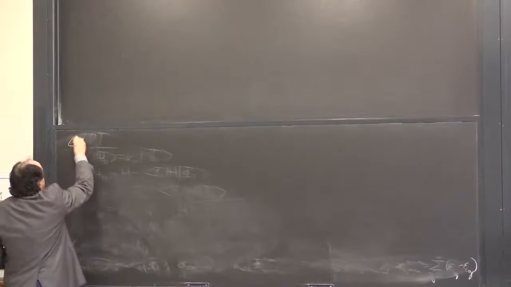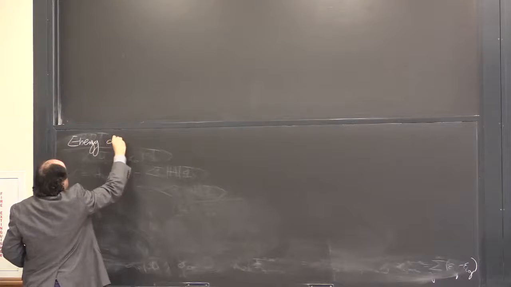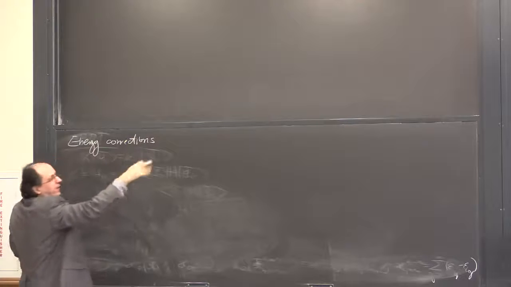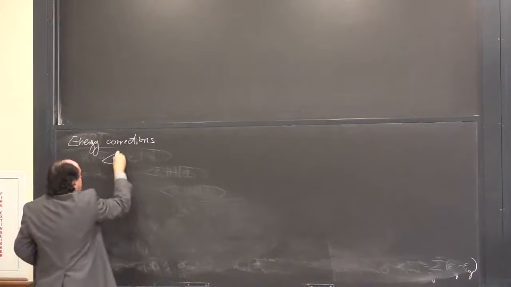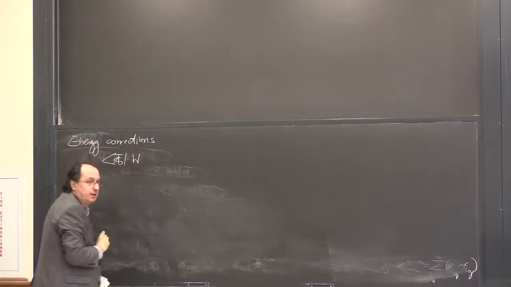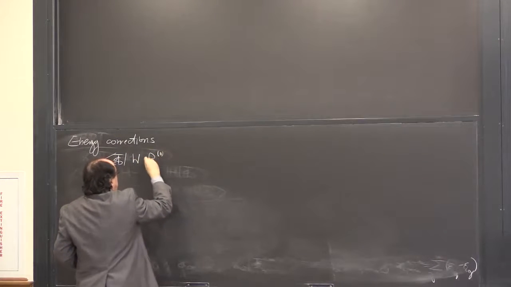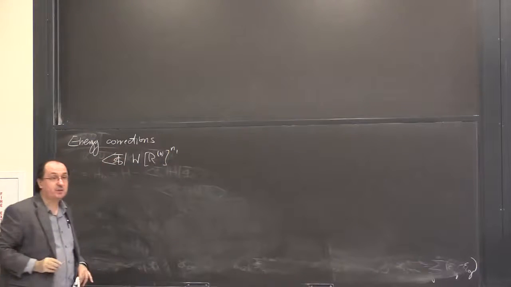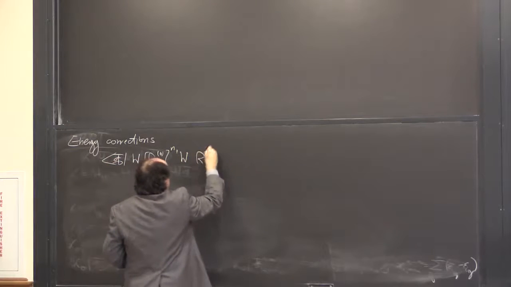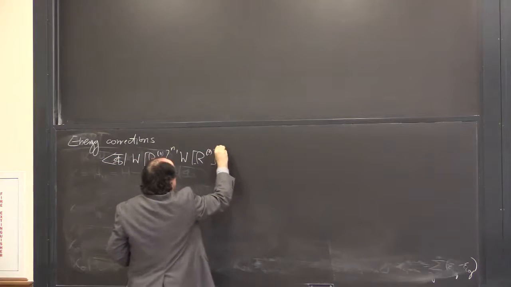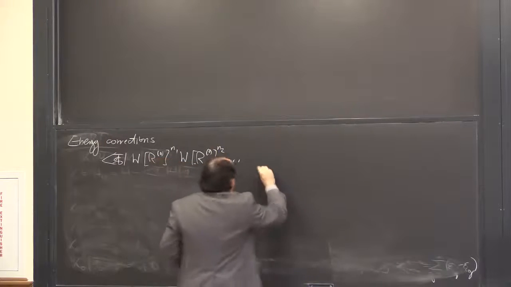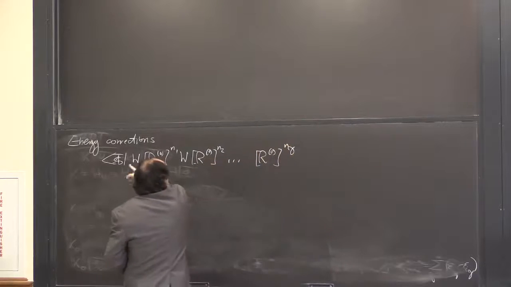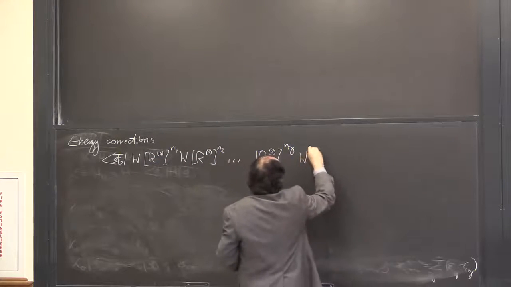There are energy expressions, or energy corrections, which always have the form: if you look at any term in energy, you're going to have phi0, perturbation W, resolvent R0, either in the first power, in the principal term, or in some other power, then W, then another copy of R0, and of course you continue like this, the last term being R0 in some power, I'm going to call it n gamma, then W phi0.